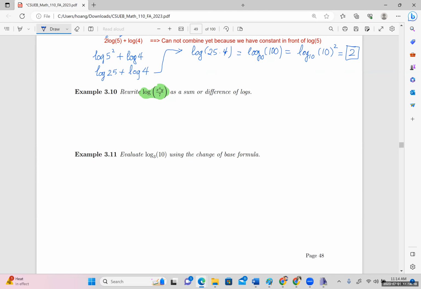However, as like I say, you can always think that whatever term is at the bottom will make the sign in front of the log a negative. So I will just rewrite this as log of x to the power 4 times y minus the log of 7.